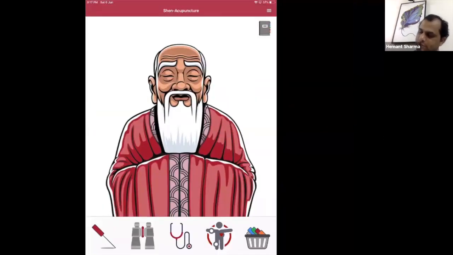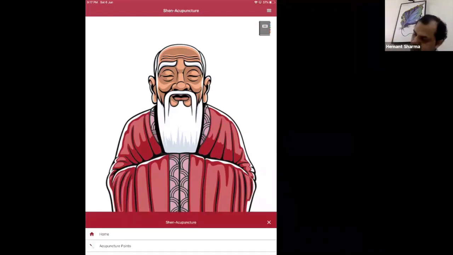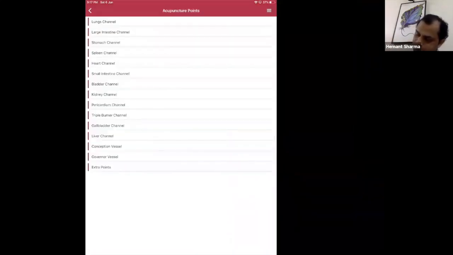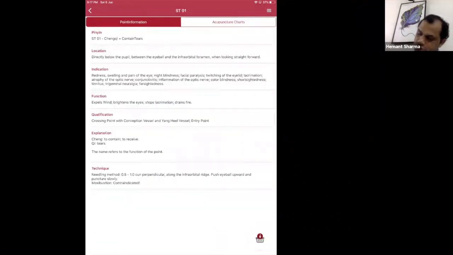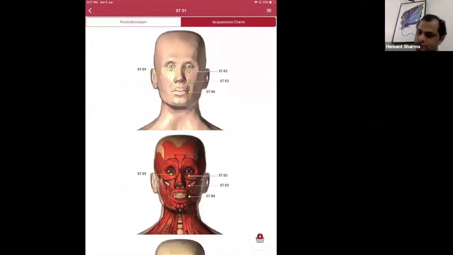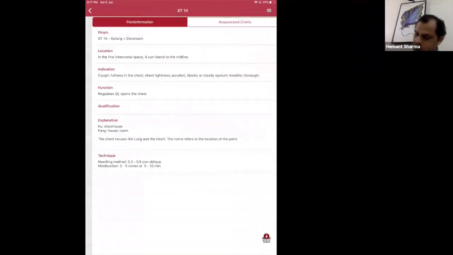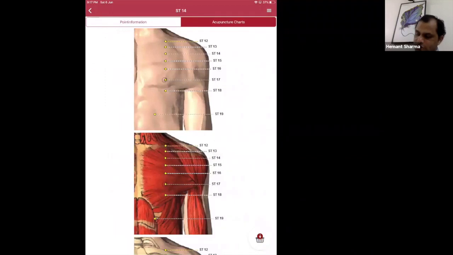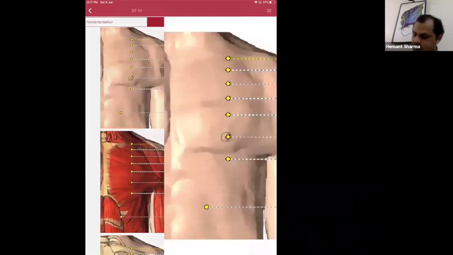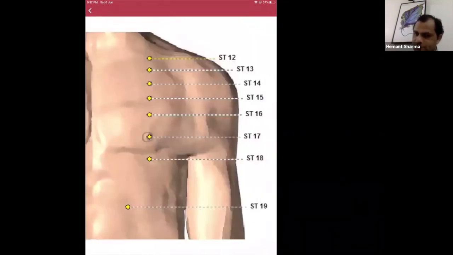Let's see the stomach meridian here. The stomach meridian starts from the eyes, then crosses the chest region, lung region, heart region, then goes down, down, down, and reaches the knee.